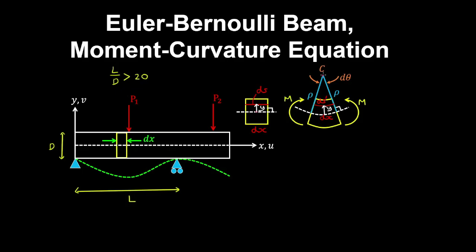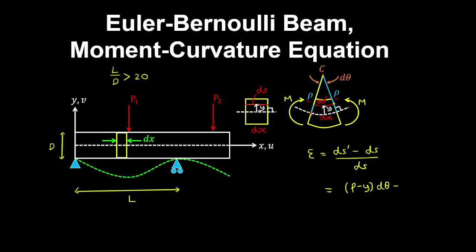And the distance from the center of curvature for the section to the neutral axis is given by the radius of curvature, and therefore the strain in this fibre is equal to the deformed length of the fibre minus the original length of the fibre over the original length of the fibre. So ds dash is the radius of curvature minus y, which gives that distance over here, multiplied by d theta, and then minus the original length of the fibre, which is equal to dx.